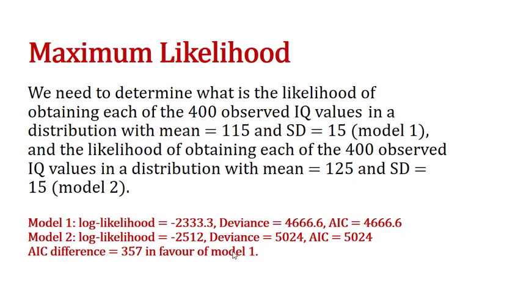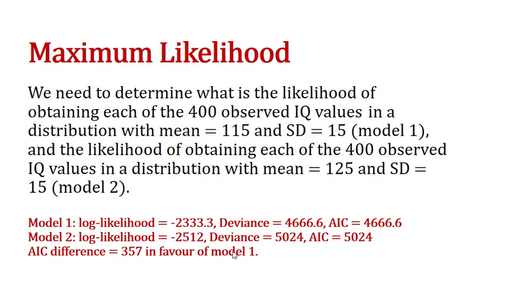Okay, maximum likelihood, I did that with R. So basically we've got a normal distribution with a mean of 115 in model 1 and standard deviation 15. So how likely is it to observe, let's say, a value of 80?